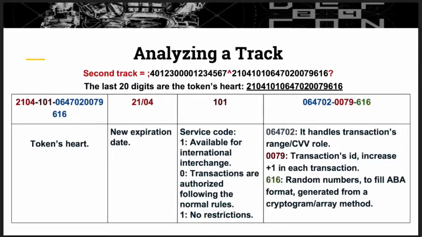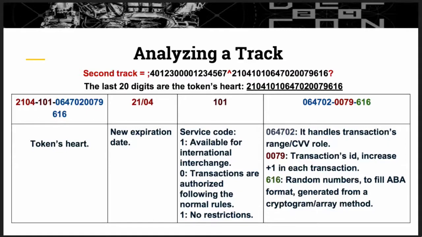If we analyze the last 20 digits of the token, we need to analyze them like they are different counters. Basically, the first 4 digits are the new expiration date for the new virtual credit card. The last 3 digits are the new service code. The service code is very important because, for example, you have a chip and PIN protection card and you add it to Samsung Pay.